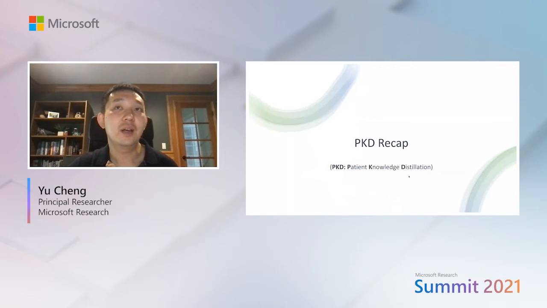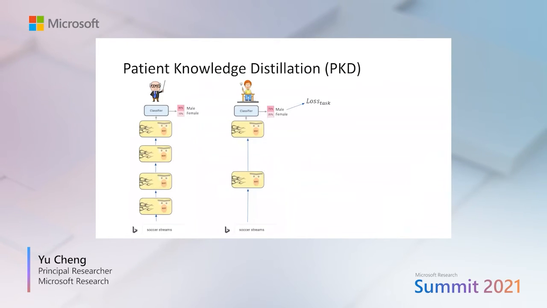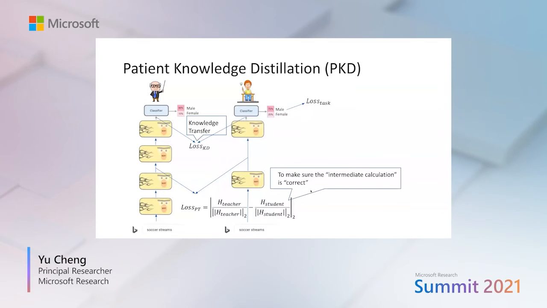I'm starting with the first work we did for knowledge distillation, called PKD, patient knowledge distillation. For PKD, we follow the traditional knowledge distillation framework, which has two losses: the task-specific loss, to make the prediction accurate on the training examples, and the student-teacher loss, which mimics the teacher model's behavior.